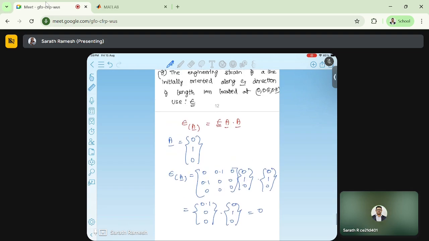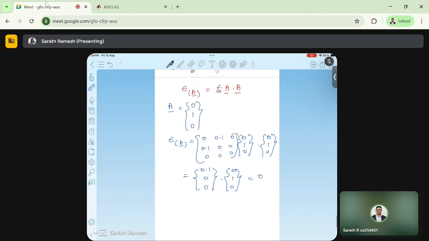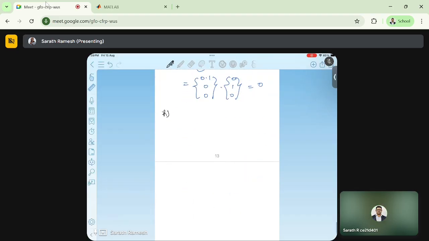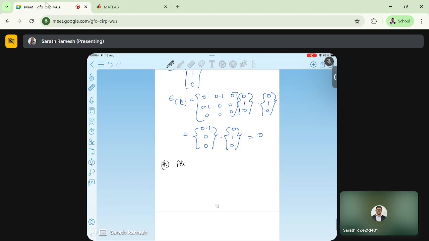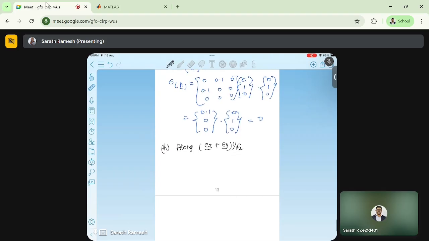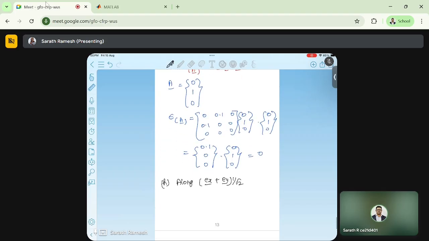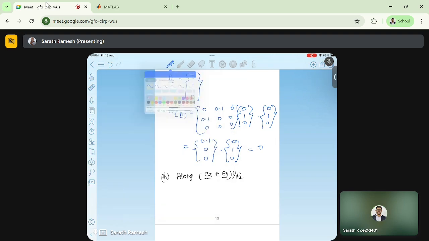Next question, part H. Part H, same, but they have changed the direction along EX plus EY, 1 by root 2. Okay. So here A will become 1 by root 2, 1 by root 2, 0.